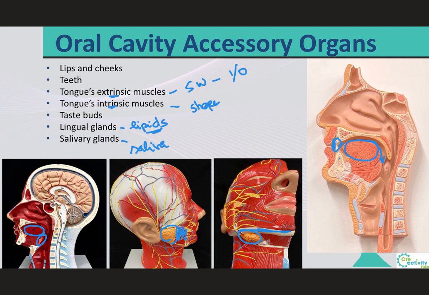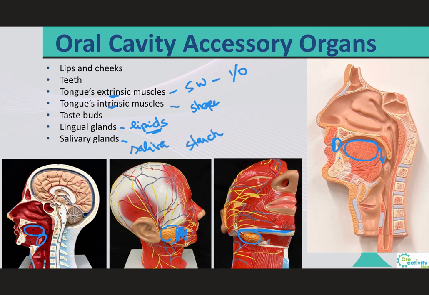And it also functions to moisten and soften the food, in addition to cleaning the mouth and the teeth. In addition, the salivary amylase that's secreted by the salivary glands will start to break down starch.